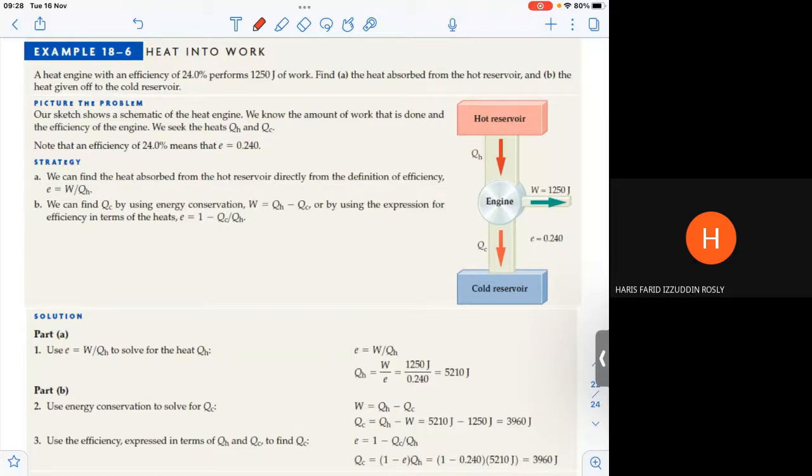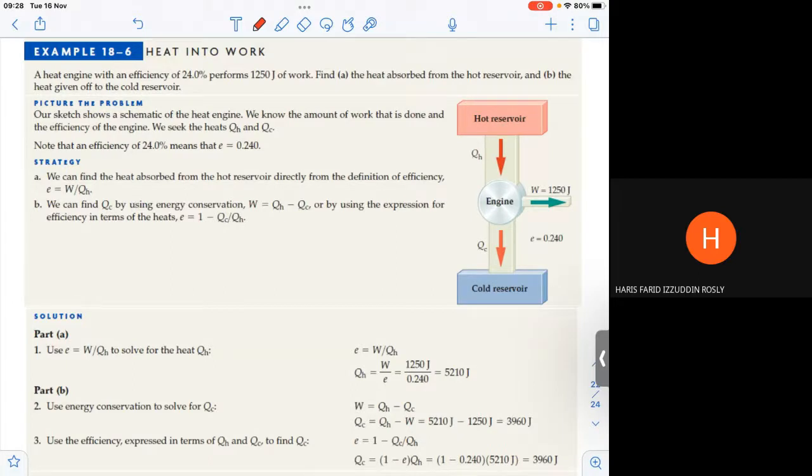If you know heat is an energy, so energy can be transferred. It cannot be destroyed, but it can be transferred to another form. Of course we want to get an efficiency of 100%, but it is impossible to get 100% efficiency.